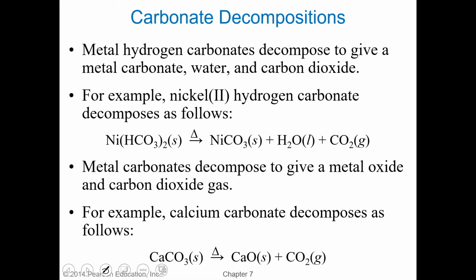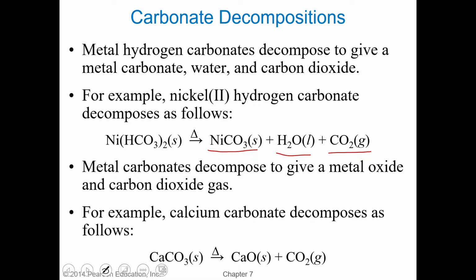So when we have decompositions, we can have metal hydrogen carbonate decompositions. So always the rule, when you have a metal hydrogen carbonate and it decomposes, you will always get as products the metal carbonate, water, and carbon dioxide. Those are always the products. Whatever this metal is, it will always be the metal carbonate, water, and carbon dioxide.